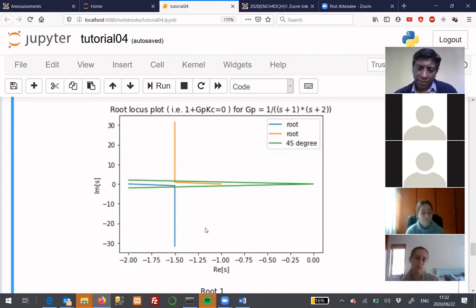Right, so it's always stable. It is more oscillatory, if you like. As we go to stronger imaginary parts, the response is going to be a stronger oscillation.